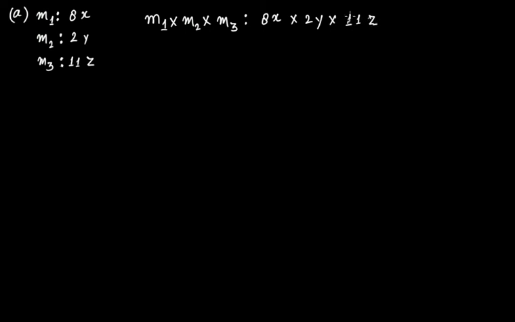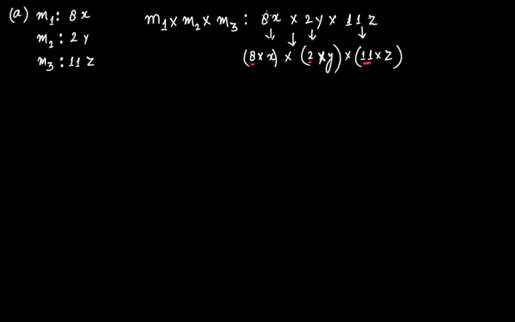11z, right? This 8x can be written as 8 multiplied by x, this 2y can be written as 2 multiplied by y, and this 11z can be written as 11 multiplied by z. Now, as we said, you have to group together the constant terms and then multiply them.